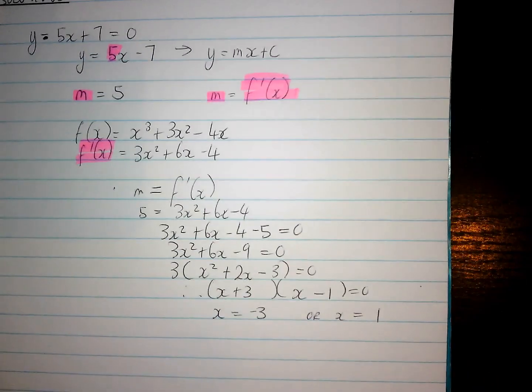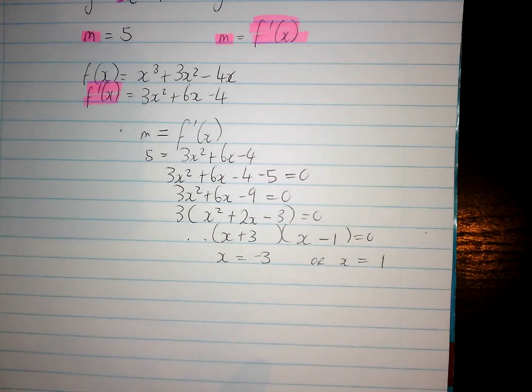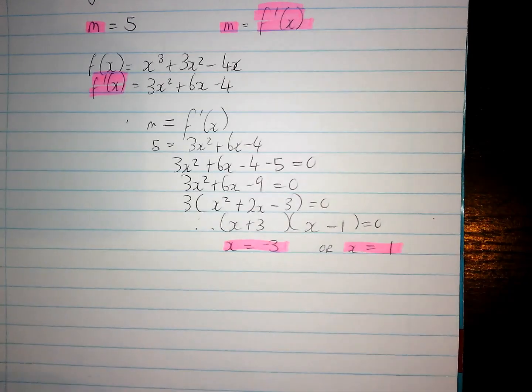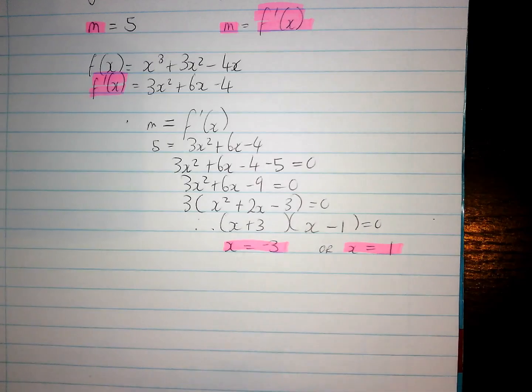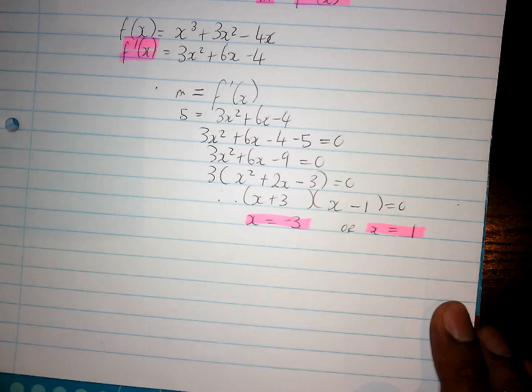Remember, in order to find the equation of the tangents, we have to establish the x and y values. Now that we have established the x values, we have to find the y values, right? Meaning that we're going to use the original equation.